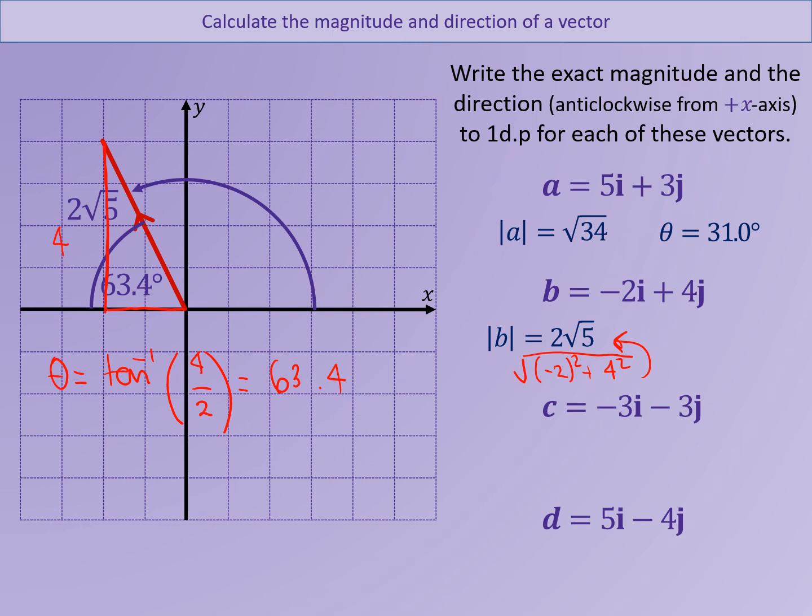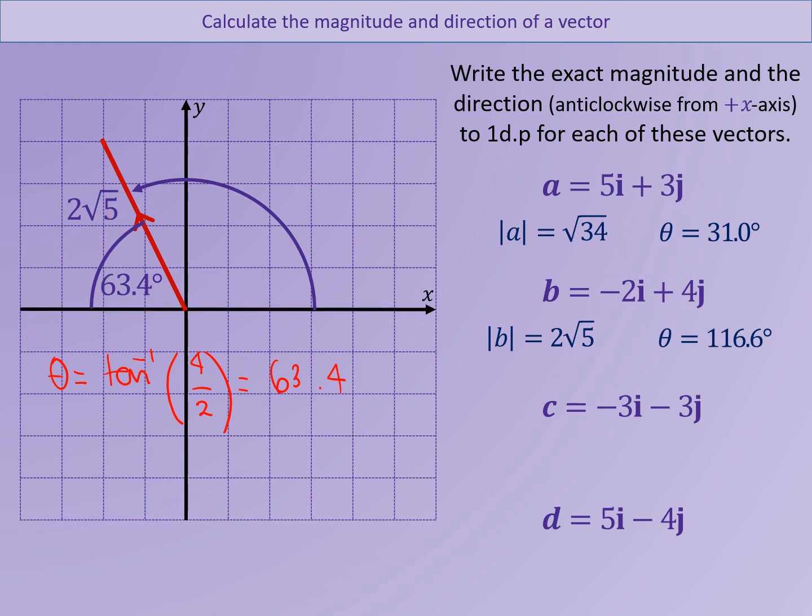So we use this trigonometry here in order to work out this angle, and then we just need to work out the actual direction by taking this number 63.4 away from 180 degrees, because that's a straight line going across here. So we have 180 subtract 63.4, and that gives us 116.6.